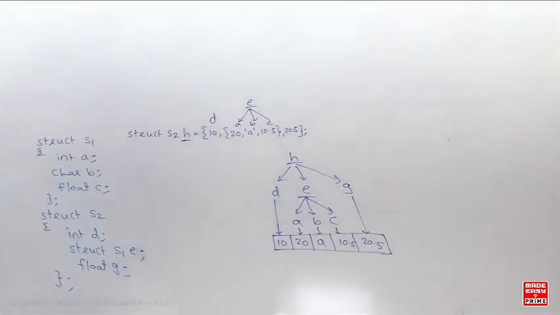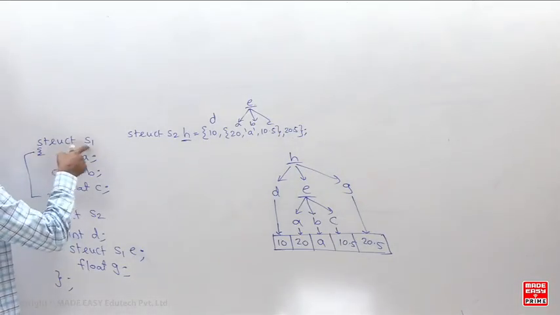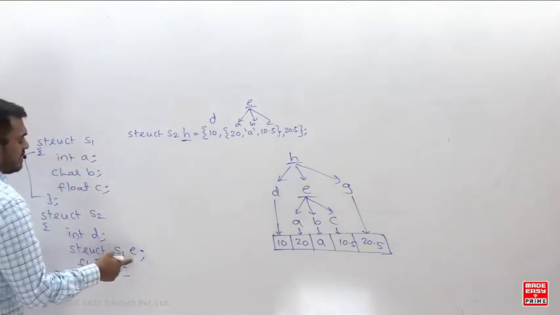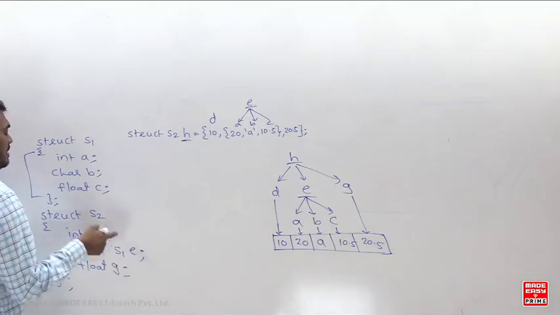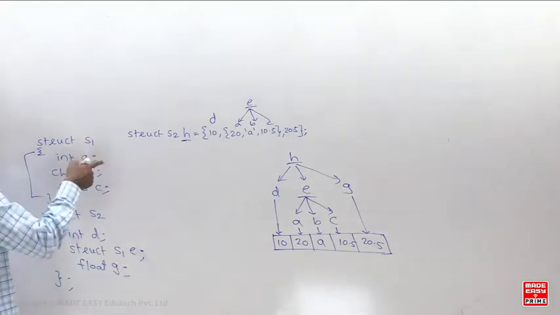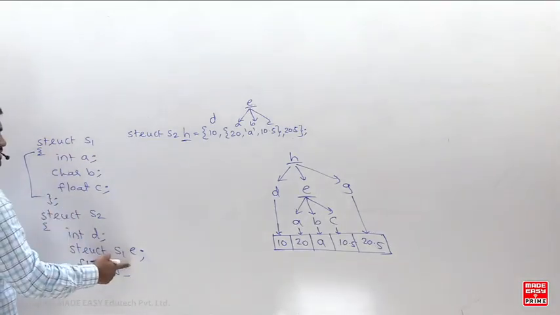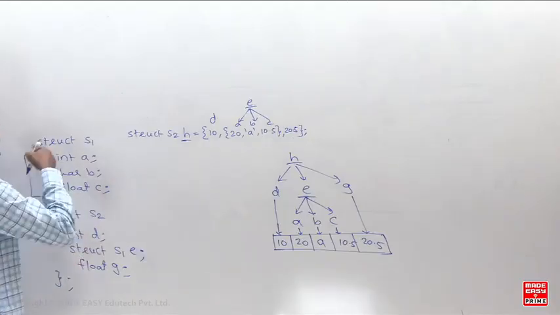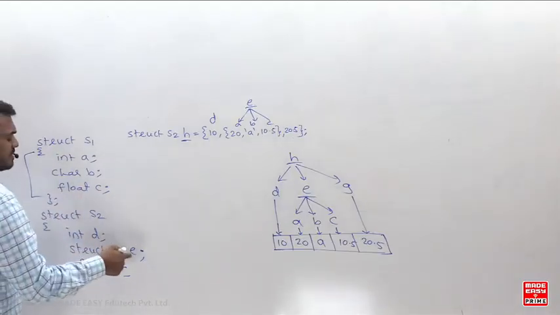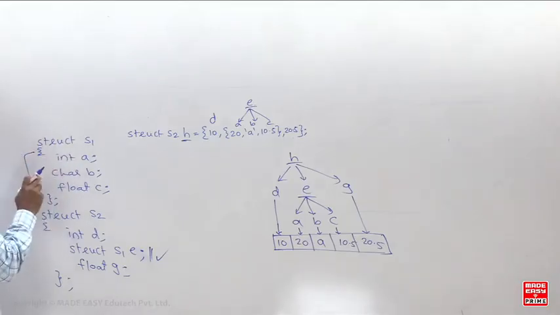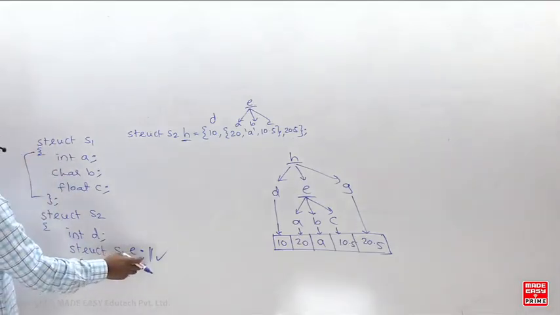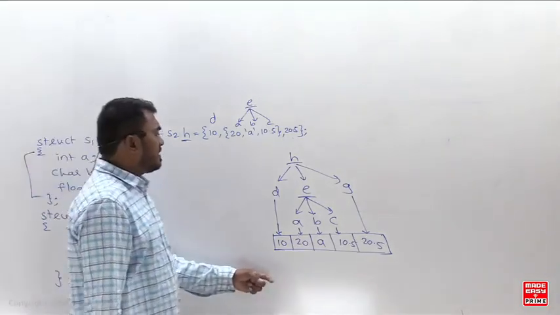So just copy this. This is a structure variable S1. S1 is the structure here, and E is the structure variable S1. So look at here, you are creating one structure variable as a member to the other structure. Remember, this is allowed. This is how the diagram will look like.